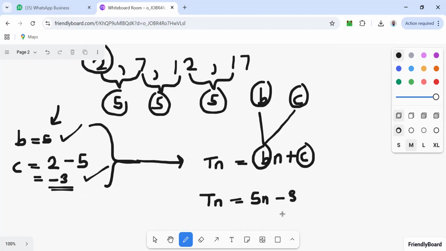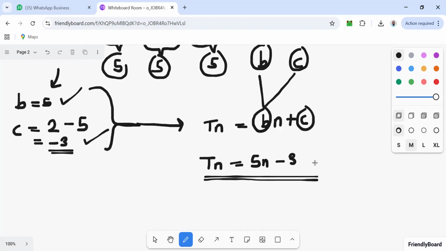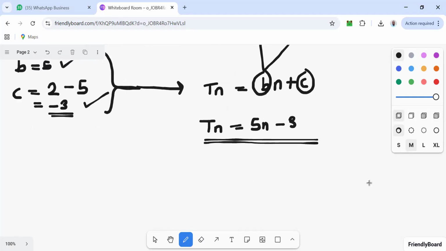See, I found my nth term or general rule, which is Tn is equal to 5n minus 3.